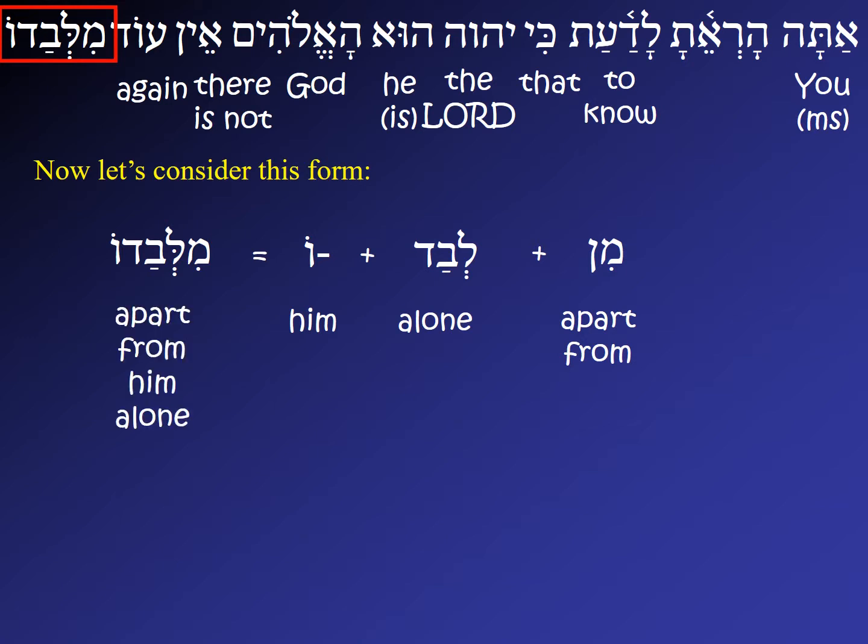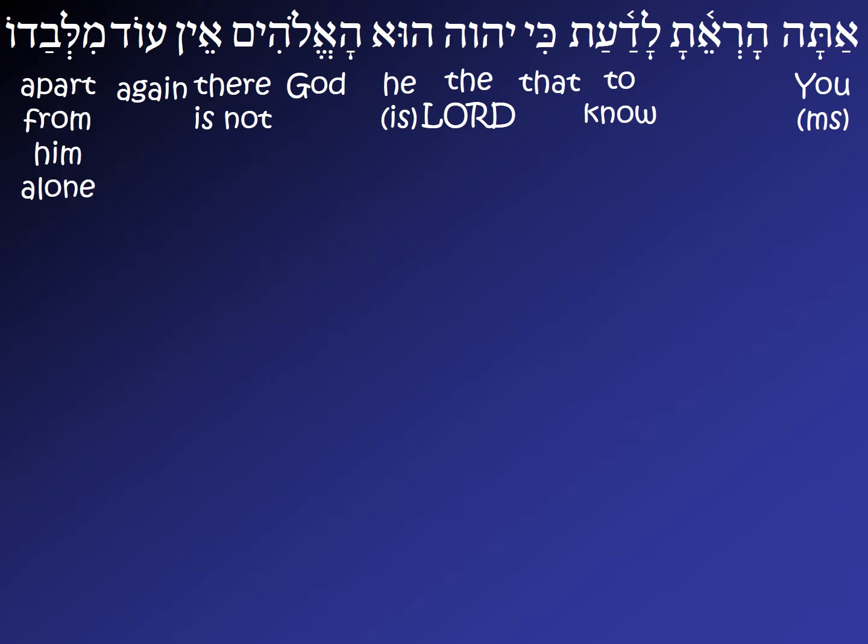So milavado, apart from him alone. So let's place it in our sentence. So to know that the Lord is God, there is not again apart from him alone, or there is none other than him alone.